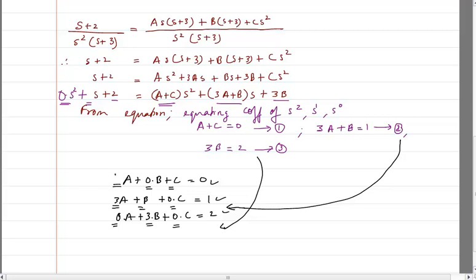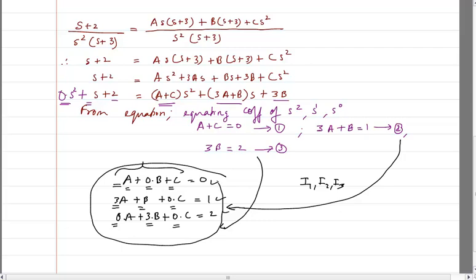3 unknowns. So similar to what we have done previously to find out mesh current I1, I2, I3, just like that I can use the calculator to find out the value of A, B, C using calculator. There is no need for me to solve it using any other method. But I will not use that. You can try for these coefficients. This is 1, 0, 1.